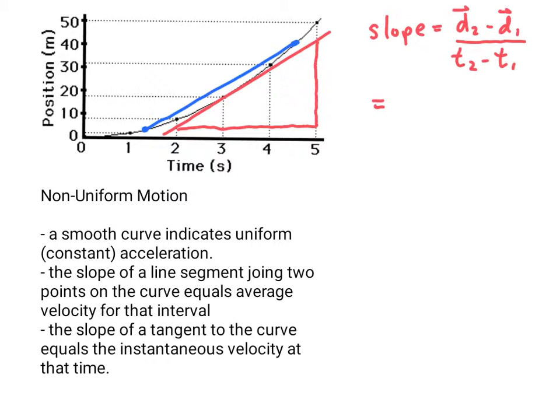And so, reading from the graph, interpolating, we've got 41 meters or so minus 5 meters.